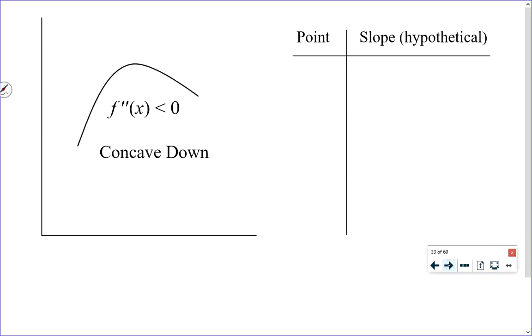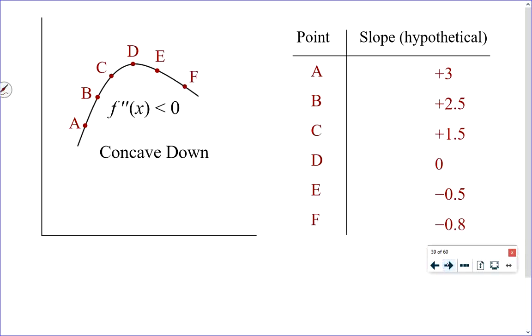And again, if we take some points and look at hypothetical slopes, the slope of the tangent there would be 3 maybe, then it would be 2.5, then it might be 1.5, 0, -1/2, -0.8. But as you go left to right from point to point, the slope value decreases. So the second derivative is negative.